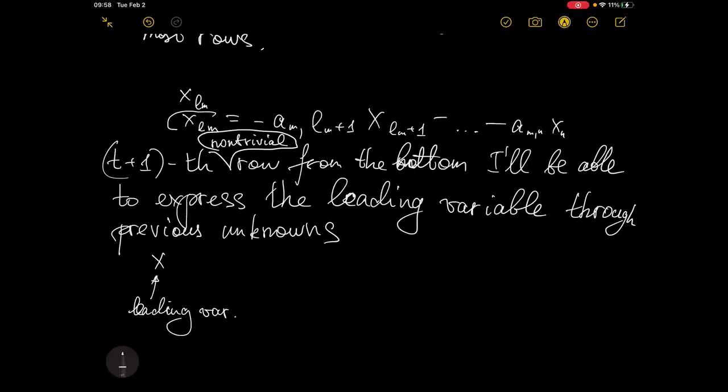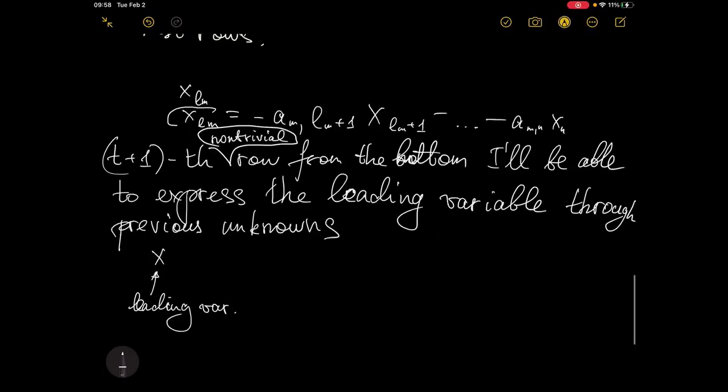Let me call this x_{m-t+1}, right? And I will be able to express it through, pay attention, all previous variables.